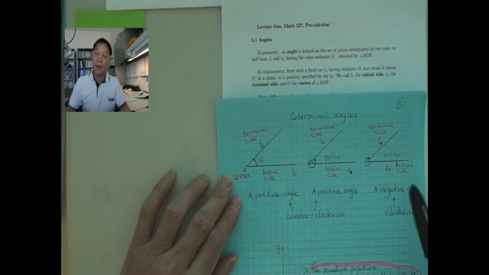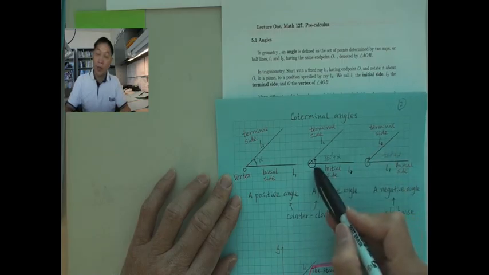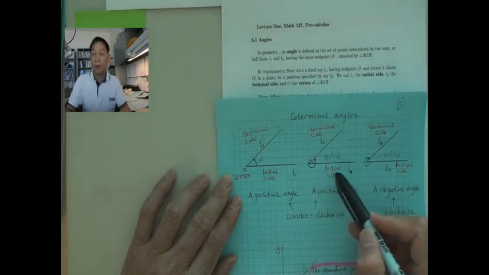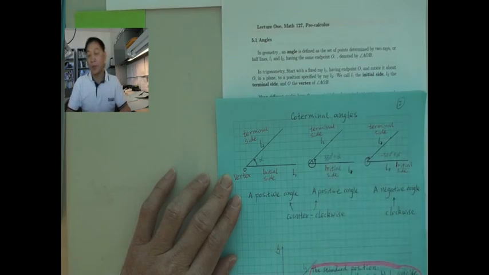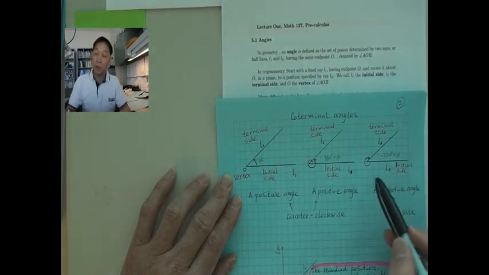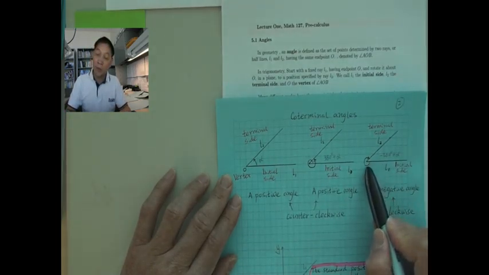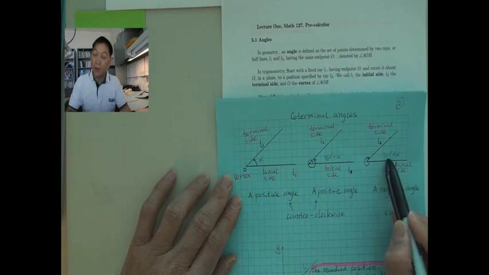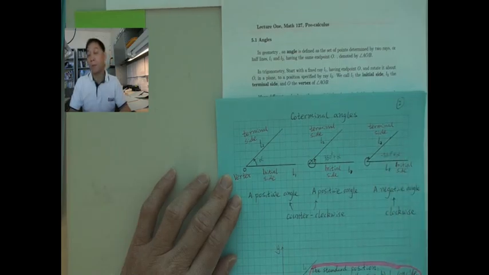So if you rotate positively one circle, that's 360 degrees. If you rotate from here to here, that's negative 360 plus alpha.